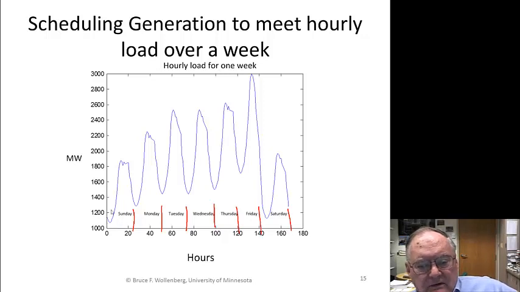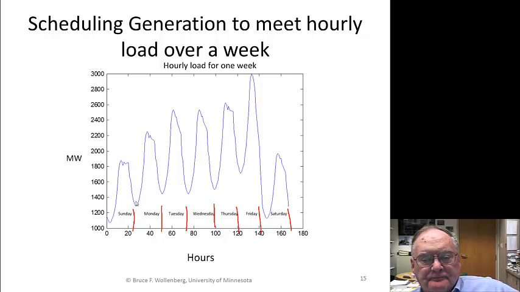And we notice that the load on Sunday is very low. Then Monday it jumps up. Tuesday and Wednesday are about the same. Thursday it grows a little. Friday we get a peak. And then Saturday the load goes back down low again, although it goes down just a little bit even lower on Sunday.